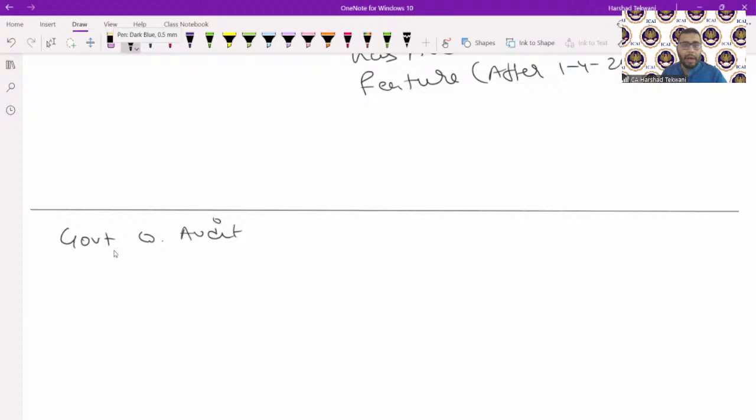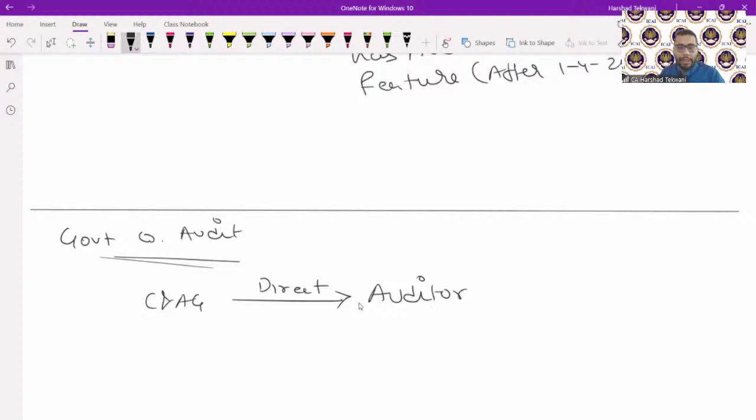What happens in a government company audit is that CAG can direct the auditor how to conduct the audit, or which are the important areas the auditor needs to perform the audit on. In some specific cases CAG may say, you perform the audit, plus also look after these areas, or report on these matters also.